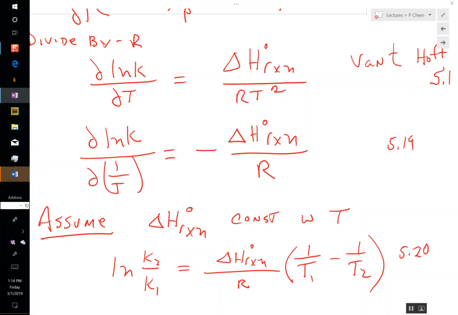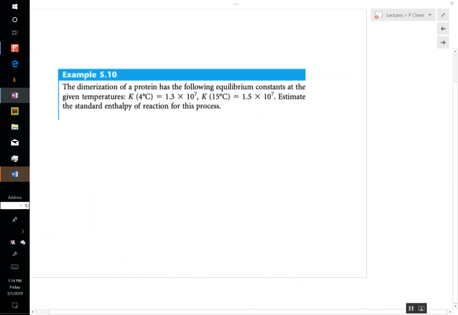Yeah, I think so. Okay, so let's take a look at this, the dimerization of a protein. If you have a complex protein made up of two units, what is the difference in equilibrium constants for that?